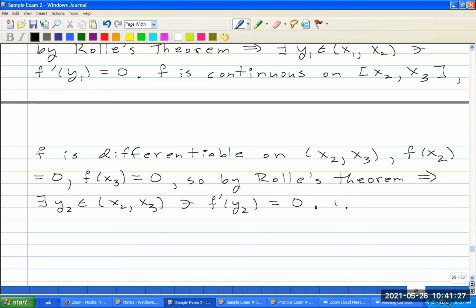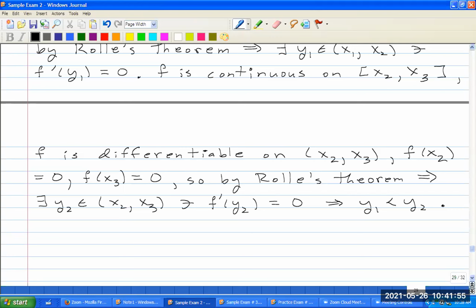Well, since y1 is in the open interval from x1 to x2, and y2 is in the open interval from x2 to x3, then y1 is less than y2.